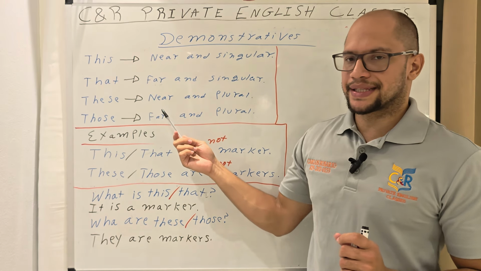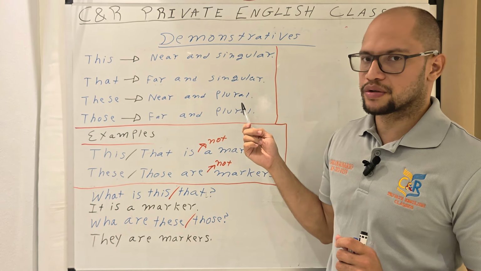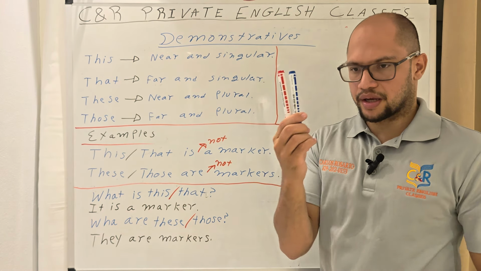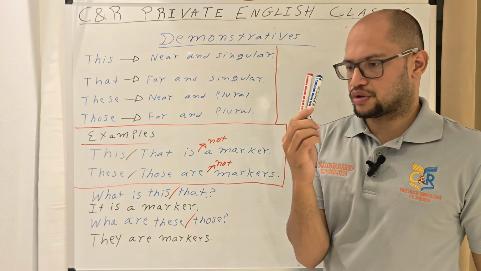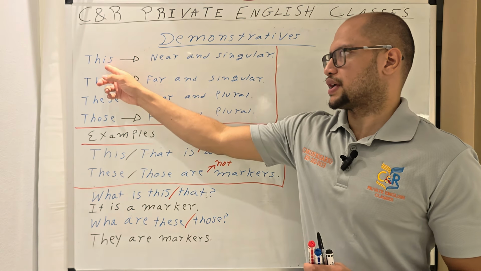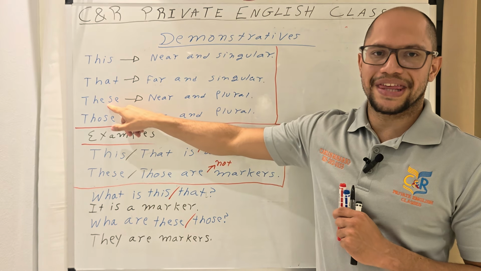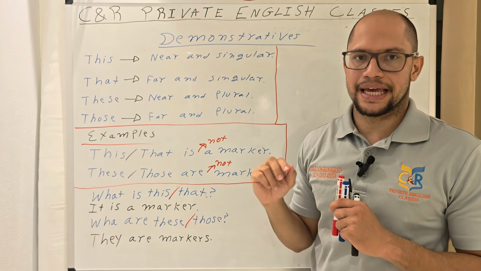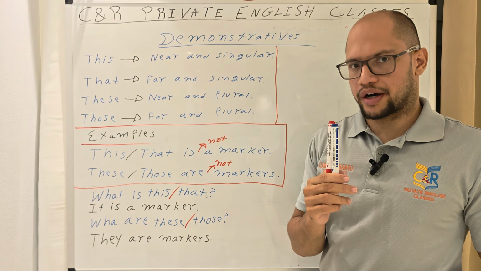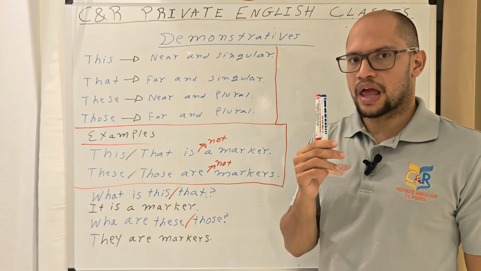Now, plural. If the objects you are referring to are plural, and the objects are near, for example here, plural, two, and near, you don't use this. In this case, you use these. These are markers.